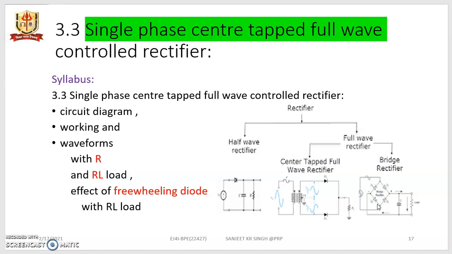Whereas in bridge rectifier, there are four power devices, either the diodes or SCRs, forming a bridge circuit, and that will rectify the positive half and the negative half.